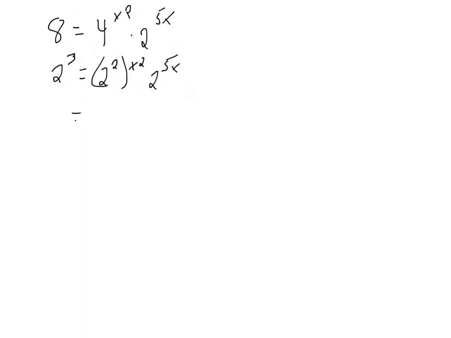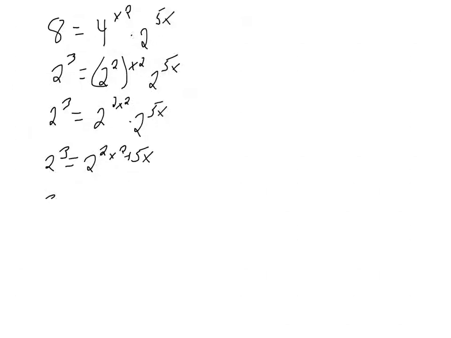So if they're all the same base, first of all, this is going to be 2 to the 2x squared times 2 to the 5x. What do we do when we multiply two exponential expressions with the same base? Add the exponents. We add the exponents. And now what can we do?